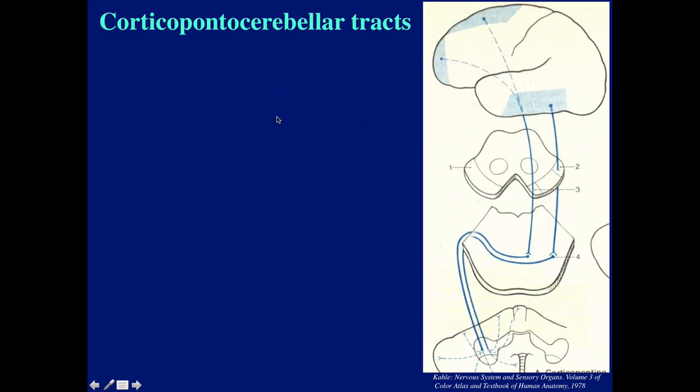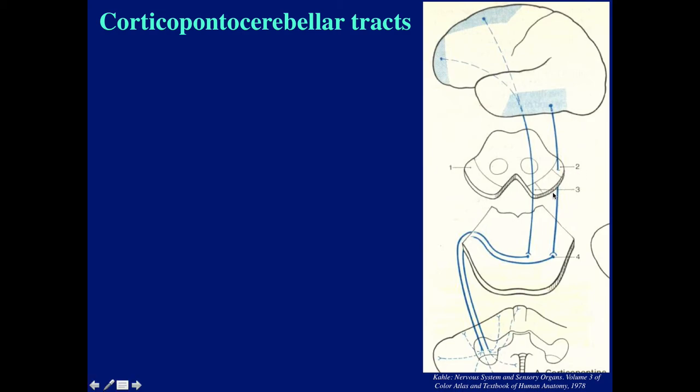Now again, it goes from the various areas of the cortex, the parietal, frontal, temporal, and it travels in the brainstem on either side of the corticospinal tract, gets to the pons, crosses over, and ends up in the dentate and then in the cerebellar cortex.